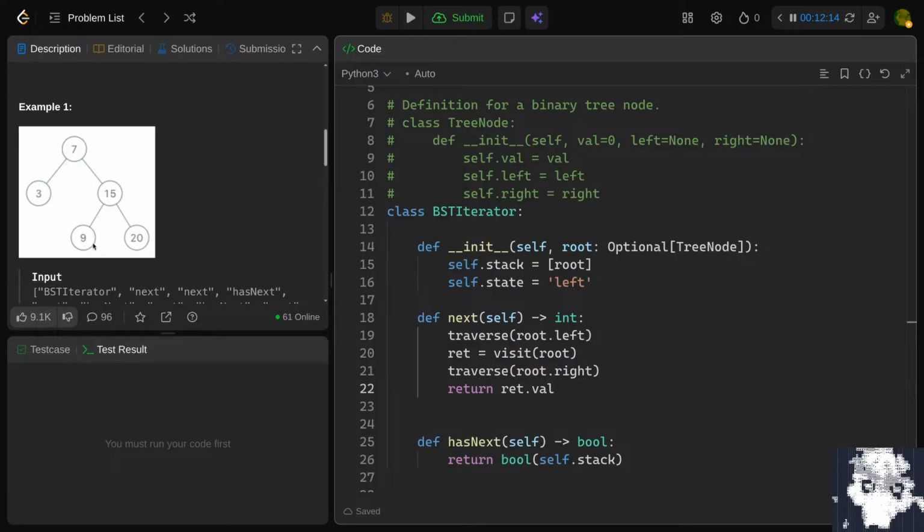We always go as far left as we can. And then after yielding a left, we go up.